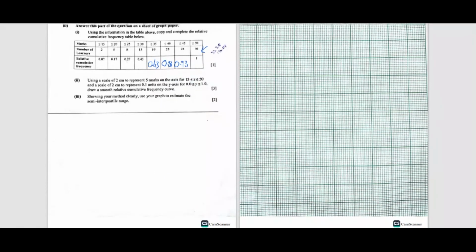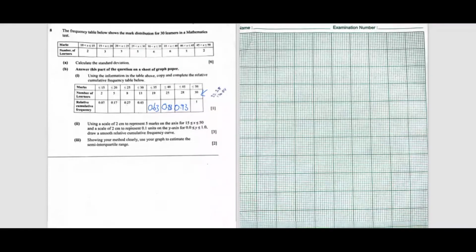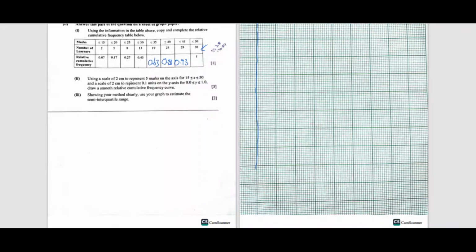So let's see if we can draw the line here. Make sure I use a ruler. So this is our x-axis here.